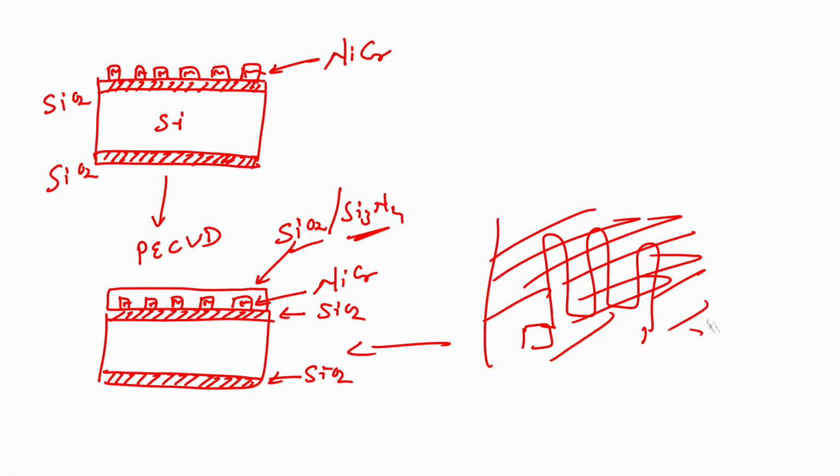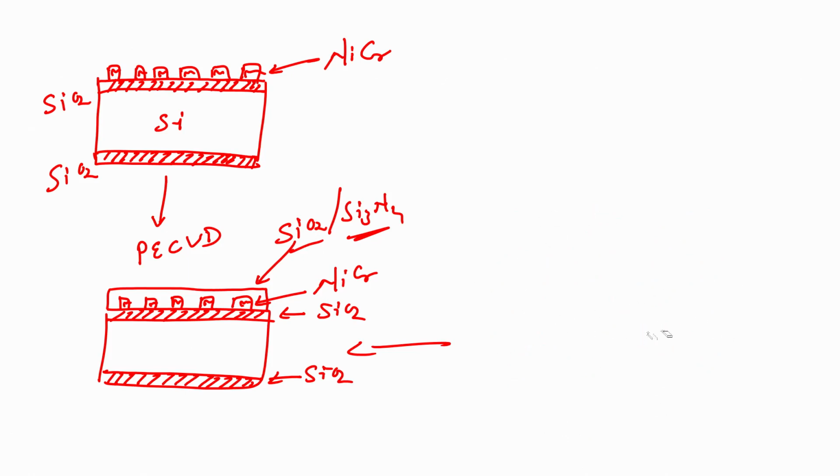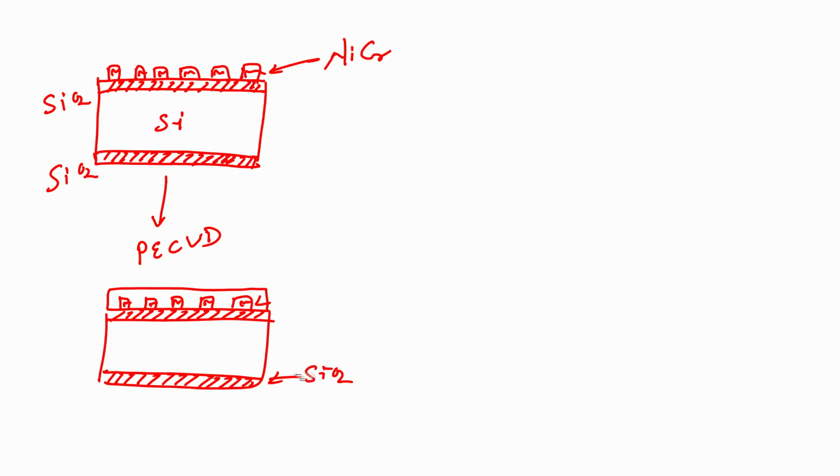We have to perform photolithography again, so that we can open the window and have the heater contacts. Let us see how we can do that. After this we will have photoresist.